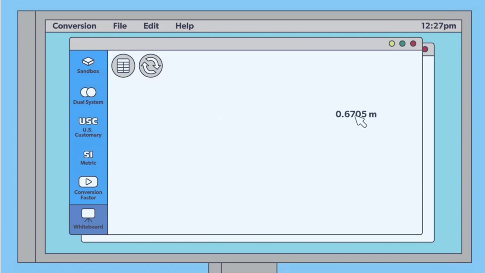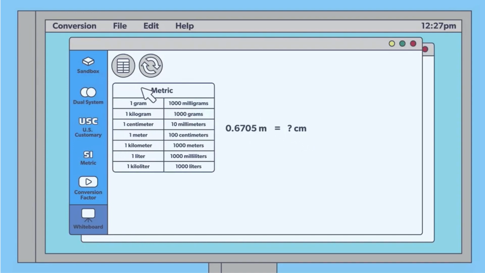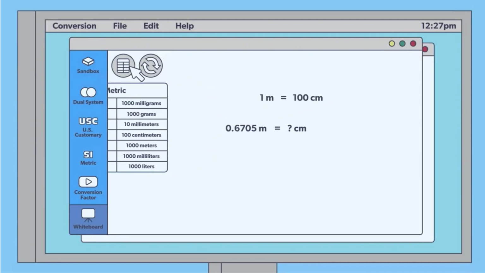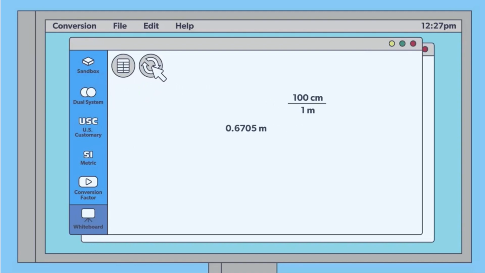However, the supplier wants the units to be in centimeters, not meters. So we need to multiply by a different conversion factor. In the metric system table, 100 centimeters is equal to 1 meter. So using the conversion factor of 100 centimeters over, or divided by, 1 meter, we multiply 0.6705 meters by the conversion factor to find that the arm span length is 67.05 centimeters.